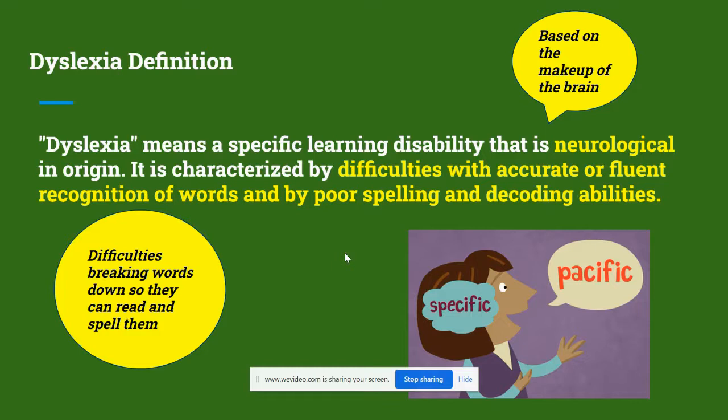And if we're looking at this visual, think about an intermediate student and they're looking at the word specific. They see that word, but they read it Pacific. That is a perfect example of how a student is having trouble breaking down those word parts so that they can read them. And I've even seen this in a lot of adults.